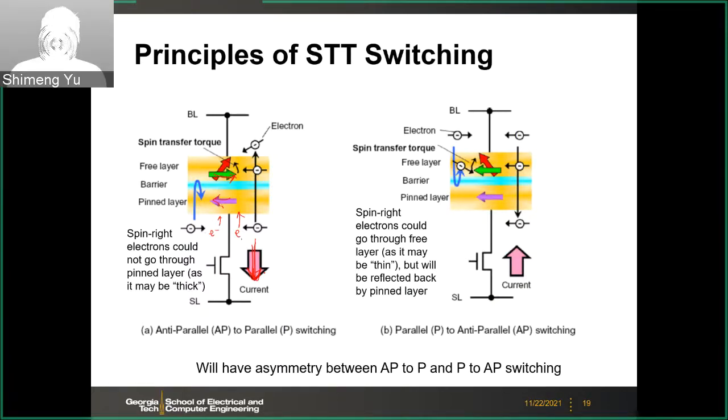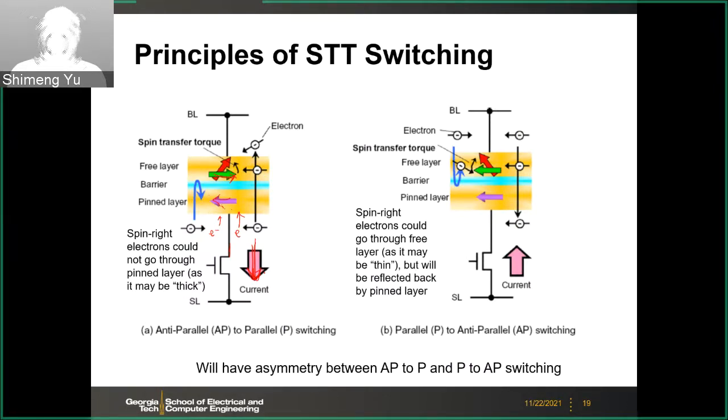So let's say you have electrons injecting to the structure, and the electrons will have two kinds of electrons, spin right and spin left. Right? So when you inject the electrons from external circuitry, you have both types of the spin left and spin right electrons. So that will be injected to the pinned layer.